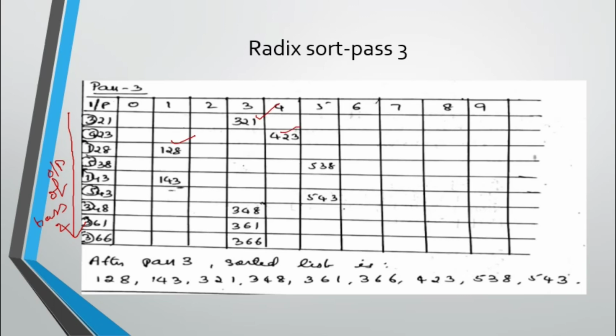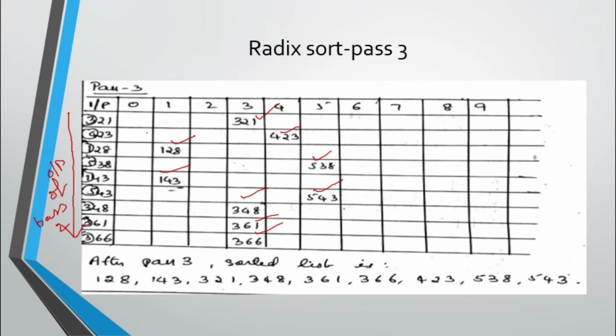You can go in order. 538 in 5, then 143 in 1, 543 under 5, 348 under 3, 361 under 3, 366 under 3.